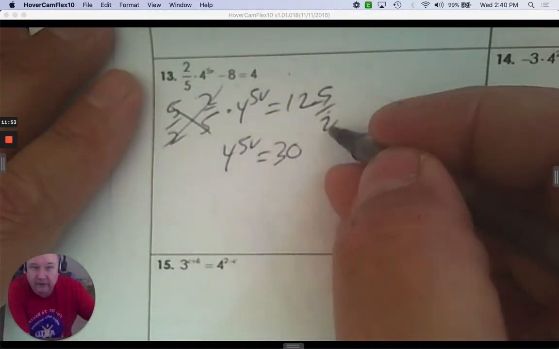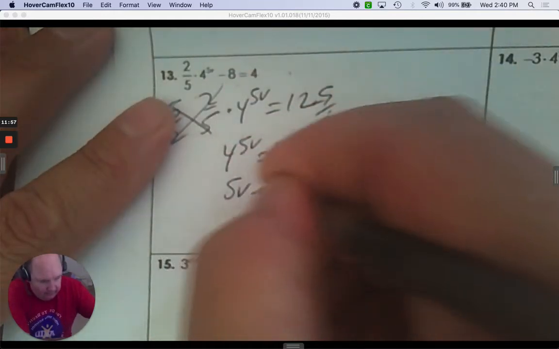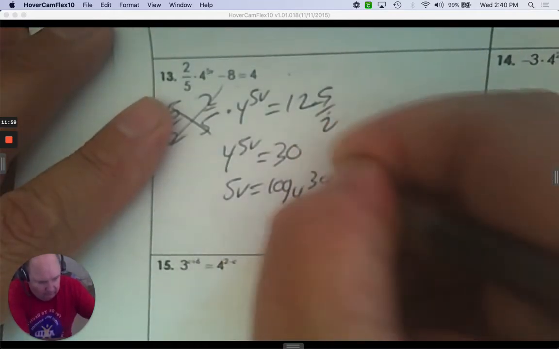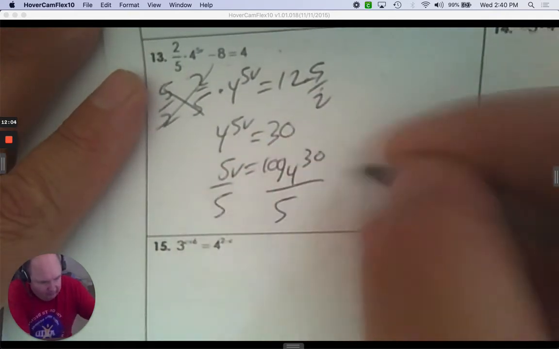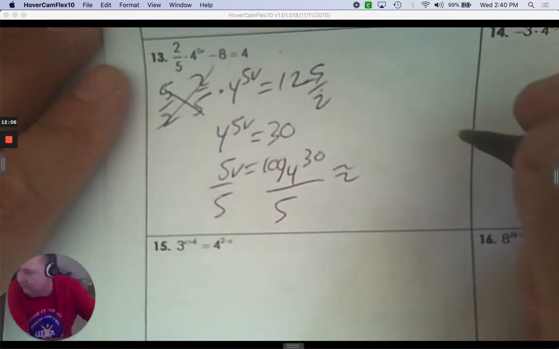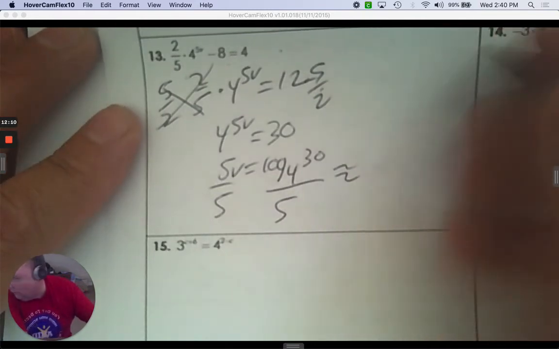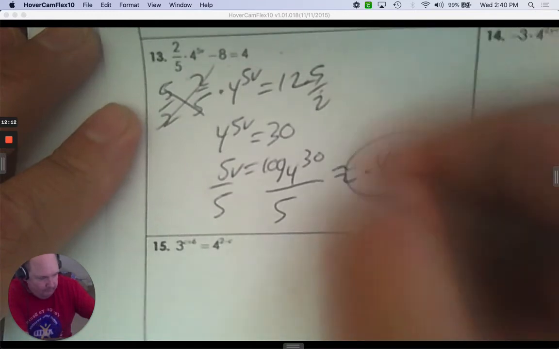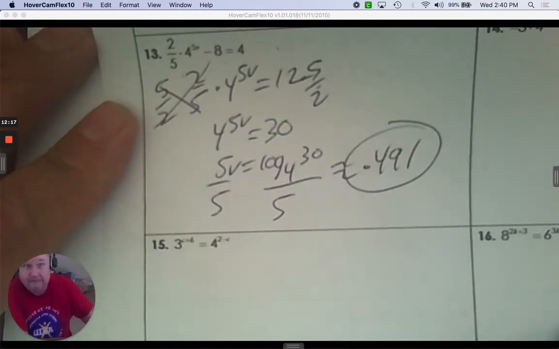Or 60 divided by 2, which is 30. Write this as a logarithm. So that's 5v, and the logarithm has a base of 4 and 30 inside. Divide by 5, and then that's what you put in your calculator. And you would get 0.491. Again, you can try with Desmos and see if that's correct.